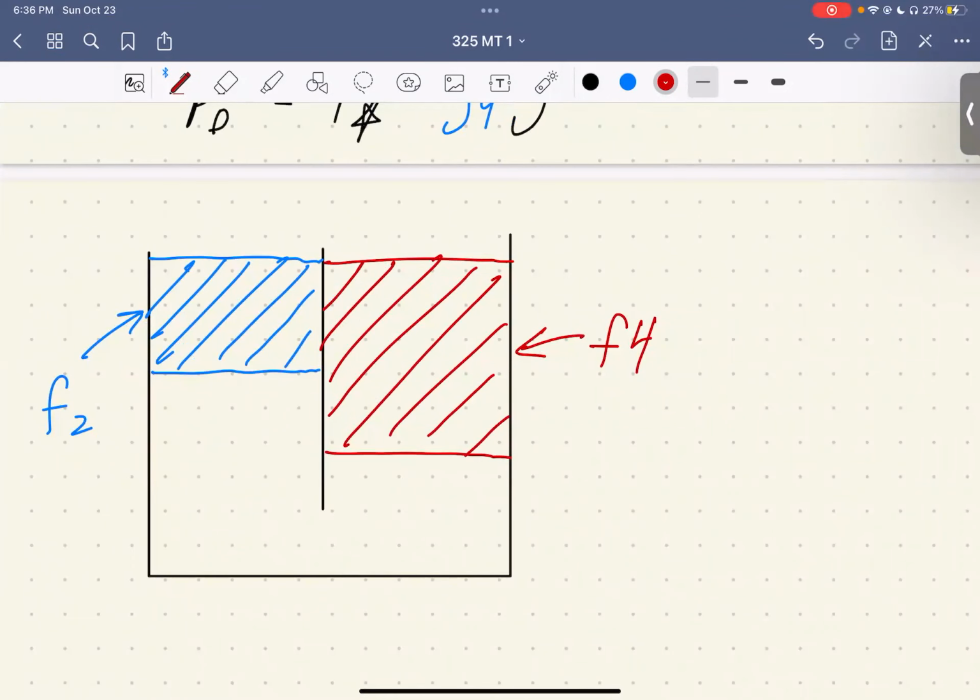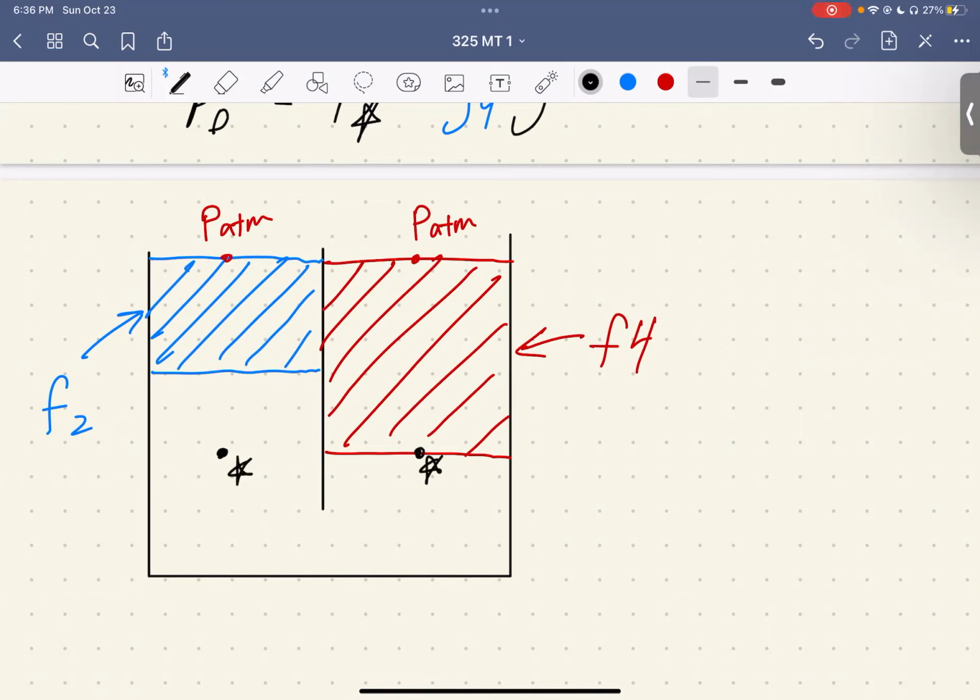Let's write out the things that we do know. We know that up here right at these points is PATM. We also know right here that it's the same pressure, so let's say P star. Great.